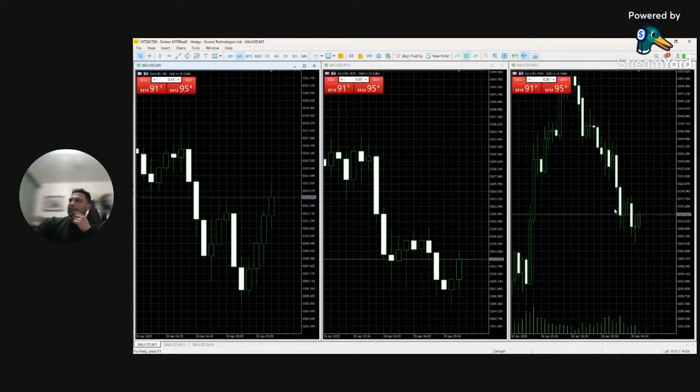So price touched this level, the level which I was talking about specifically, like this 15 minutes bar right in here, because it had no wick. So price retested this level right in here.